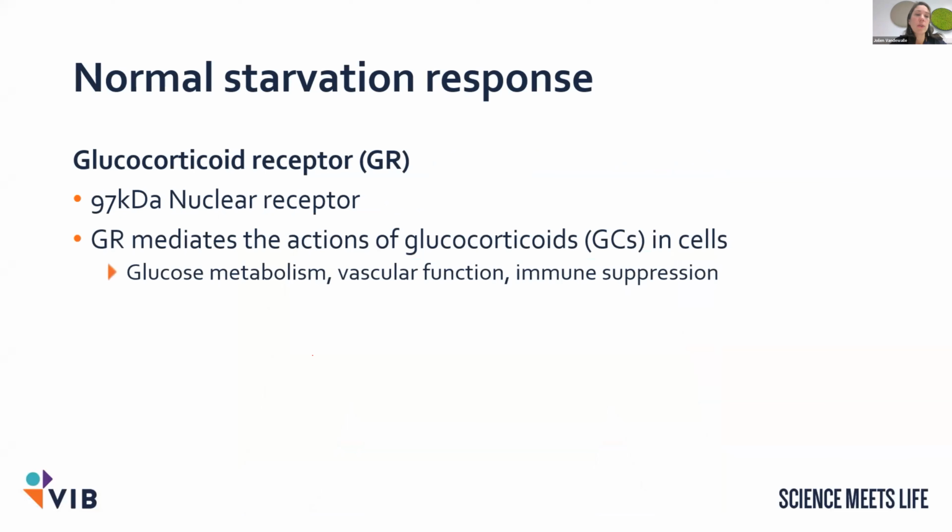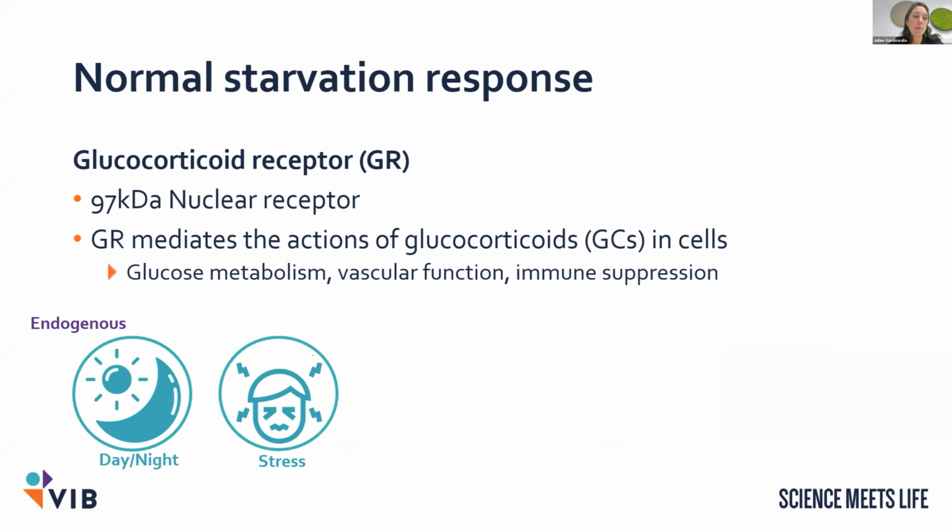As said, the glucocorticoid receptor is a nuclear receptor which mediates the action of glucocorticoids in cells. It's not only important for glucose metabolism, that's also where the name comes from, the glucose that is produced with the GR. It also mediates vascular function and immune suppression.